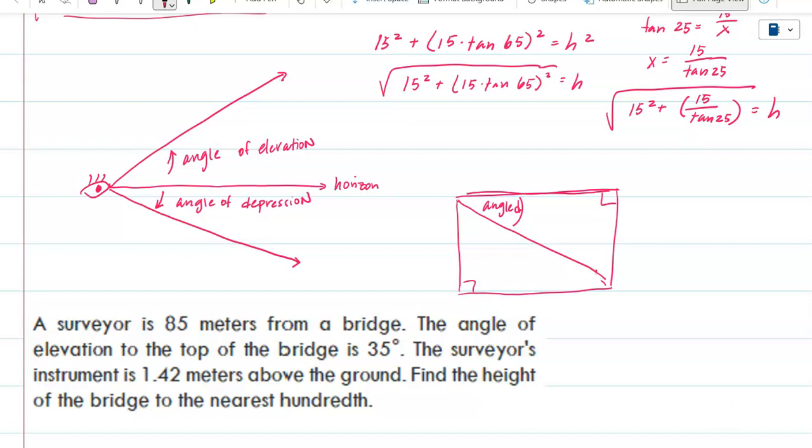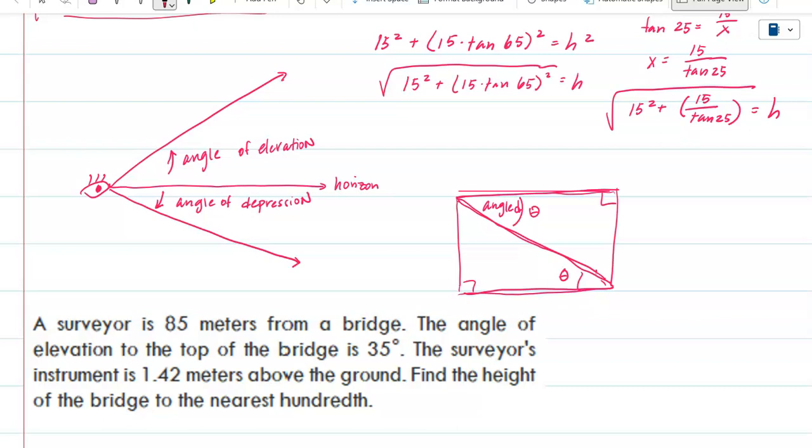Notice that the angle of depression, which we could name theta, is congruent with that angle right here. And so now it's become the angle of elevation. So they're congruent, the angle of elevation and the angle of depression. So you can draw your angle of elevation, angle of depression in so many different ways.